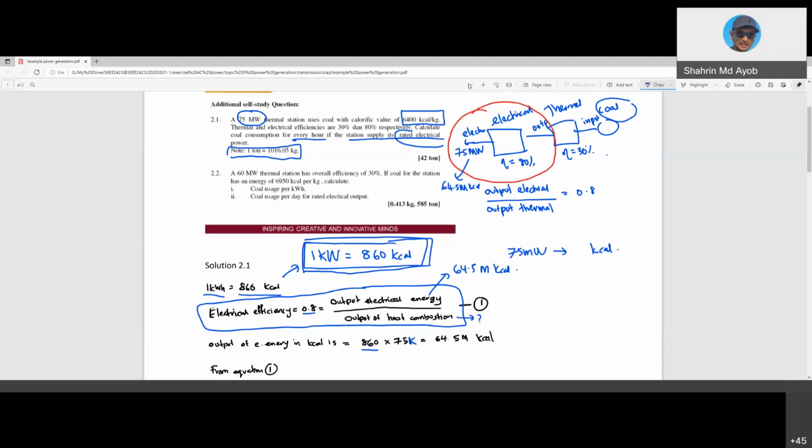Okay, what do you mean by this formula must use calorie? This formula must use calorie. I don't get that. We use calorie because this is the thermal power station, where the input to generate electricity comes from the burn of the coal.